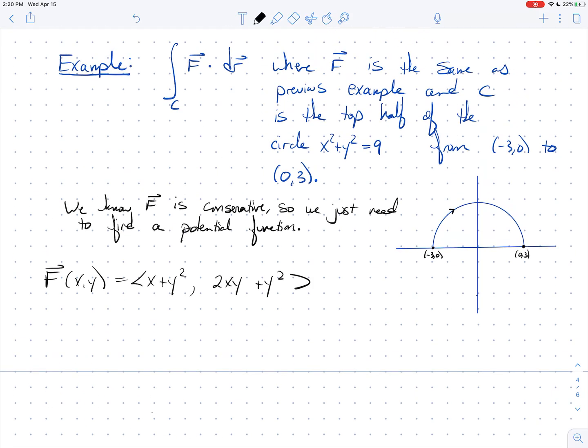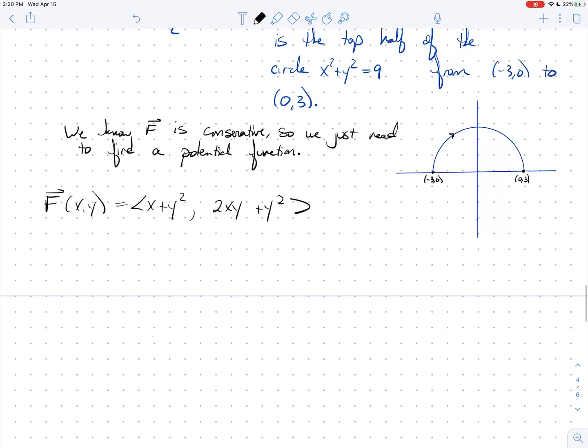I need to figure out whether or not it's conservative, but we already know that. We know from the last example that it is conservative. I can't just say the answer is 0 because this curve is not closed. So now I actually do need to find the potential function. Since this guy is conservative, I can write it as little f partial x, little f partial y.